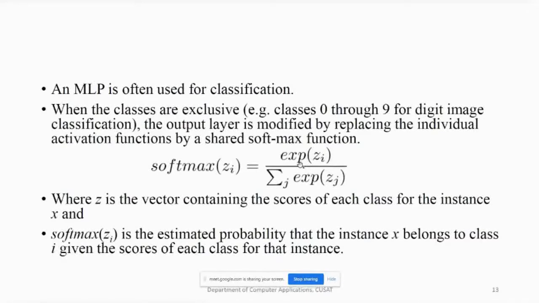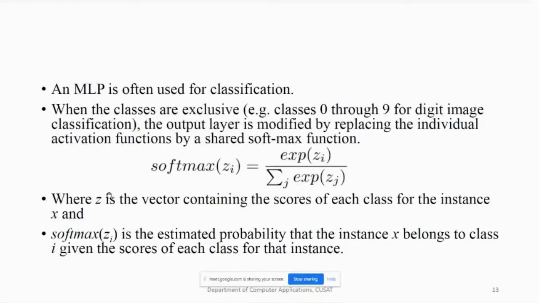Softmax is a very important activation function always used with classification problems. If we have two or more different classes, in that case we always use the softmax function as the activation function.